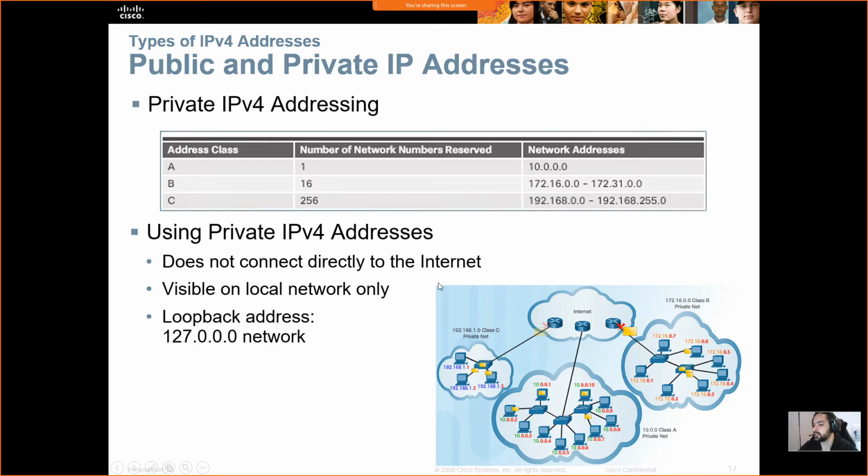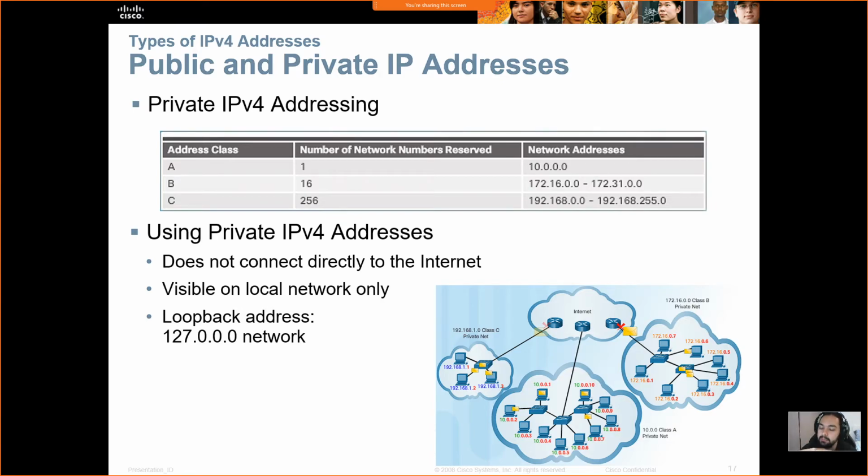This private address is not an address that is used on the internet. Okay? It's only visible inside your network. But you might be asking, how can I access the internet if my IP address is a private address? That is a question, huh?